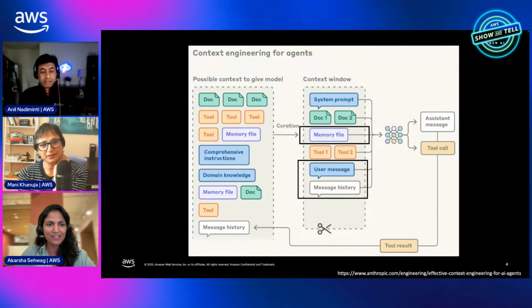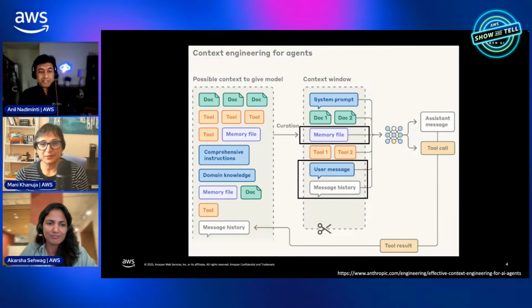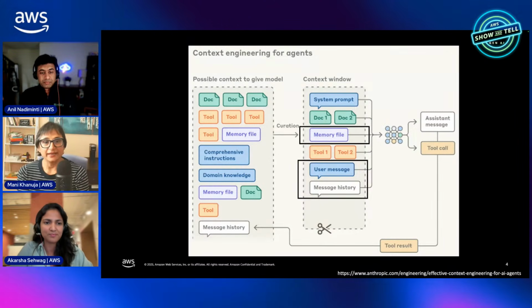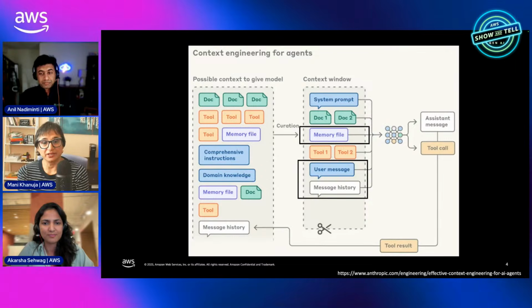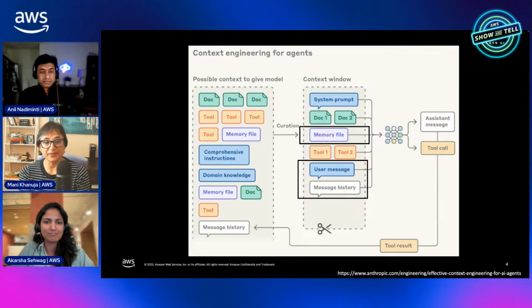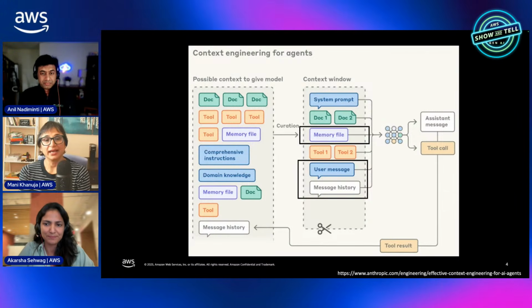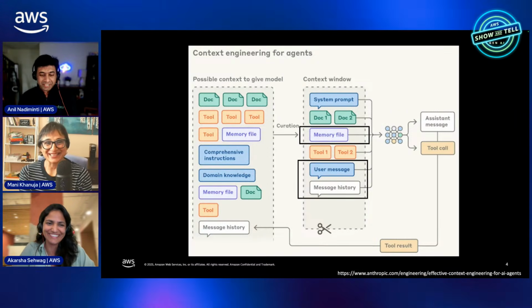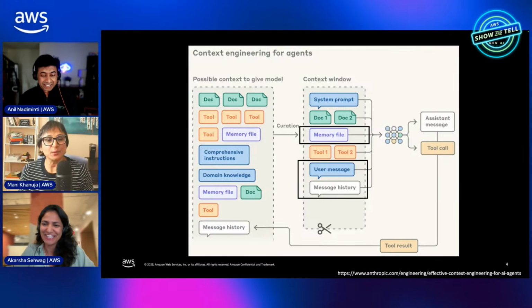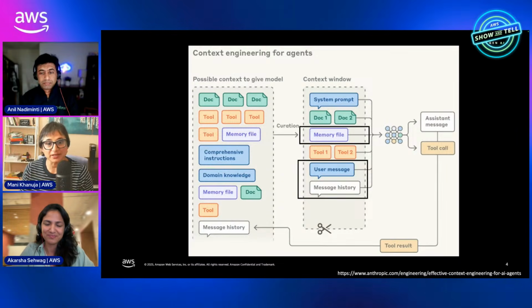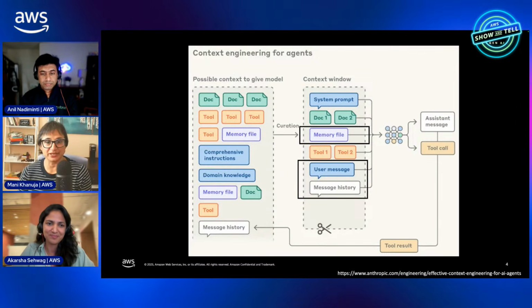Sure, I can take this one. For example, say you have a customer support agent, and you have been talking to it for quite some time. That agent can fetch tools, such as data APIs, and it can also get information from your vector stores. By the way, RAG is still alive, not going anywhere, because you always have documents that reflect your company brand, policy documents, and other additional context.